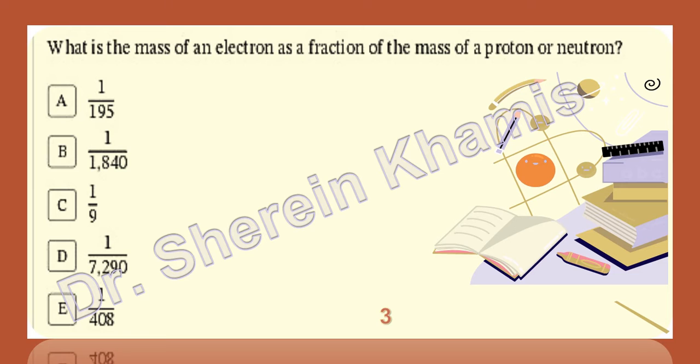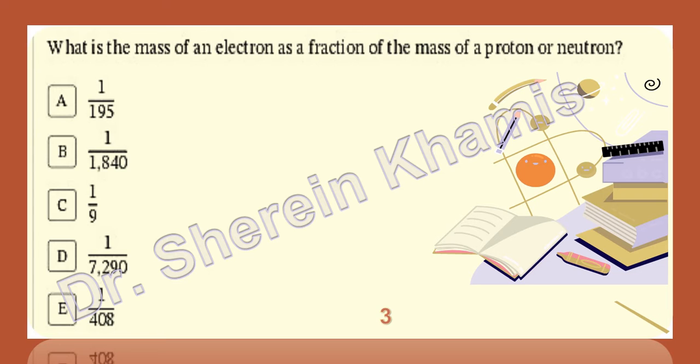Question 3 says, what is the mass of an electron as a fraction of the mass of proton or neutron? We have the mass of proton and neutron, the sum of them is a number equal to 1840 as a unit, atomic mass unit.